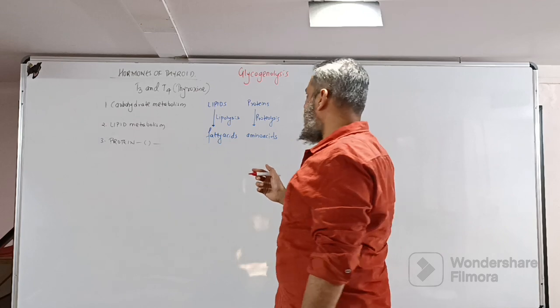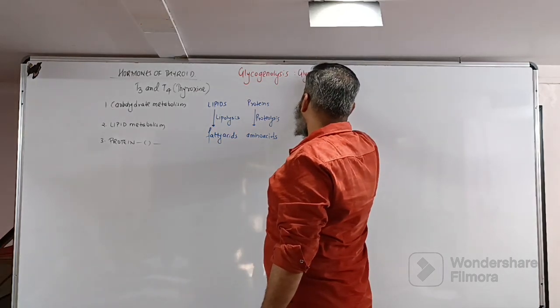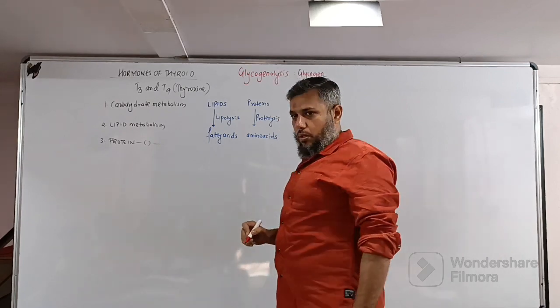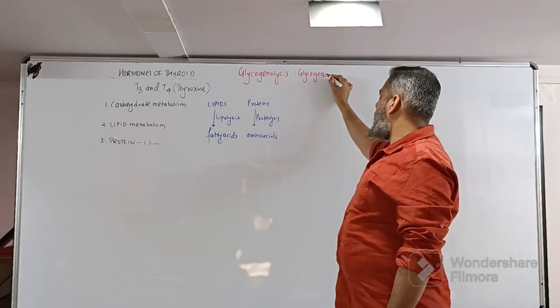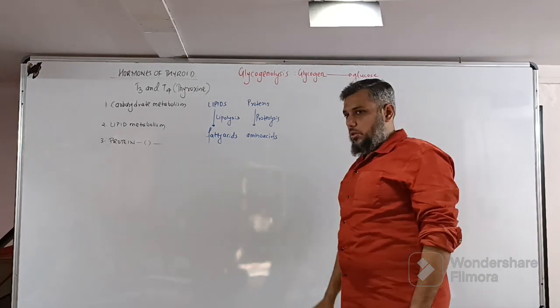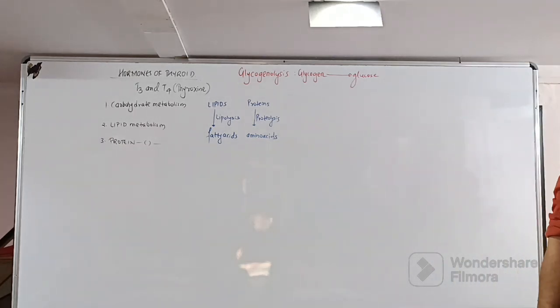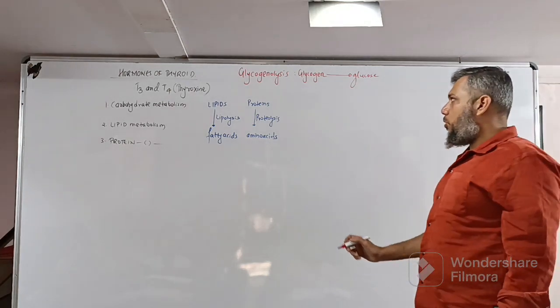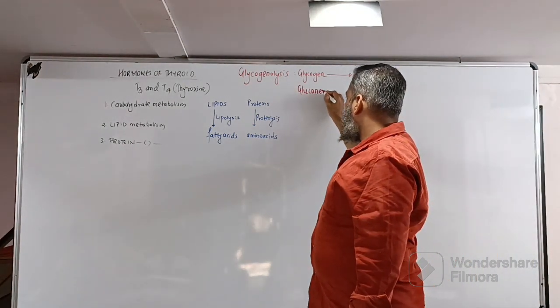It means the breakdown of glycogen. Glycogen will be broken down into the monomeric units, that is glucose. That is why it is called glycogenolysis.